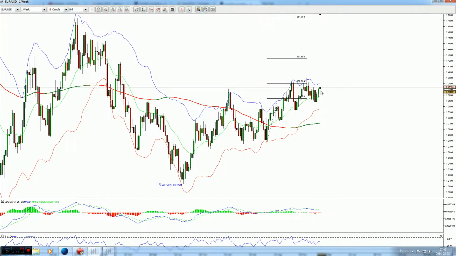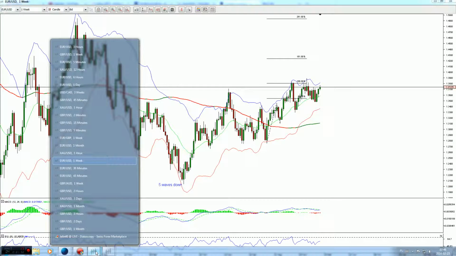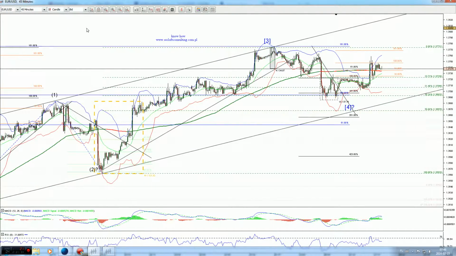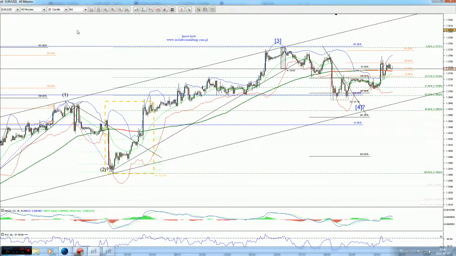That's my weekly. This is a small candle. It's a green one, but it's not a strong one, and we've got some reaction on the 45 minutes chart. This is what you should have seen on my Google Plus account.